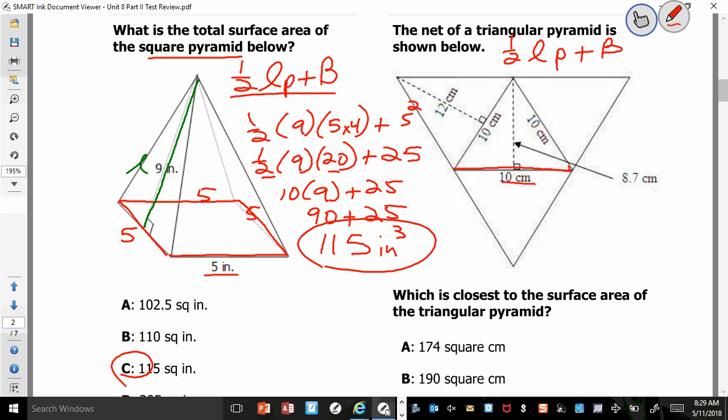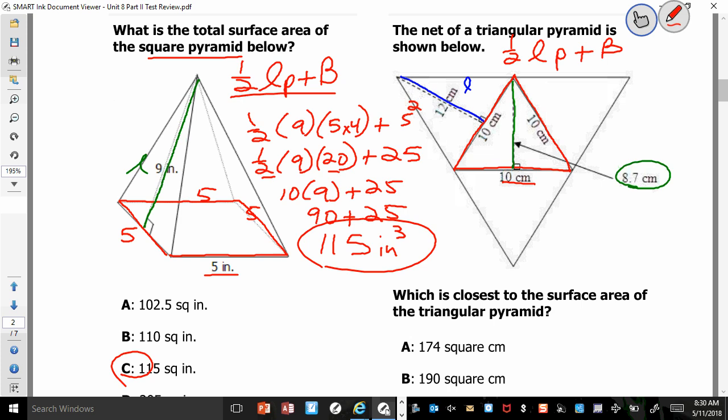Here's the base, this triangle right here. You got two numbers up here. 8.7 is the height of the base, okay? This is the slant height. Because when you fold it up, it would make the slanted part, right? So now we've got everything, you can plug it in.